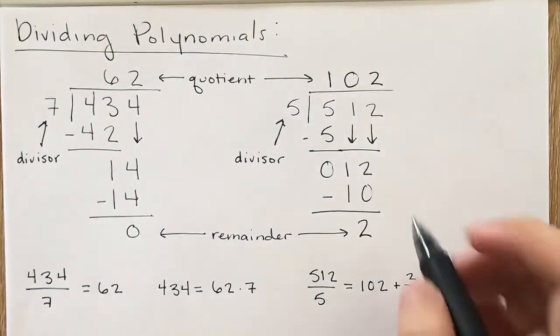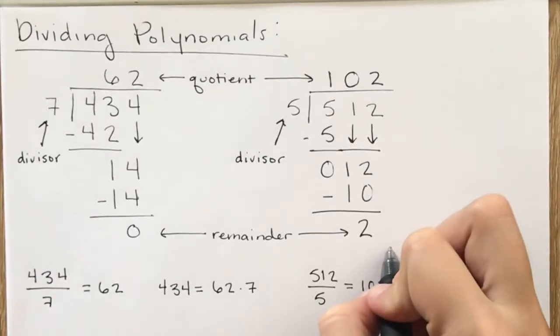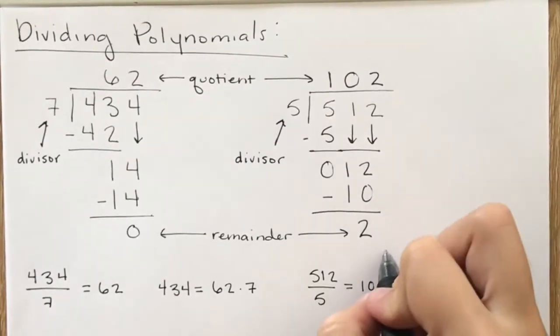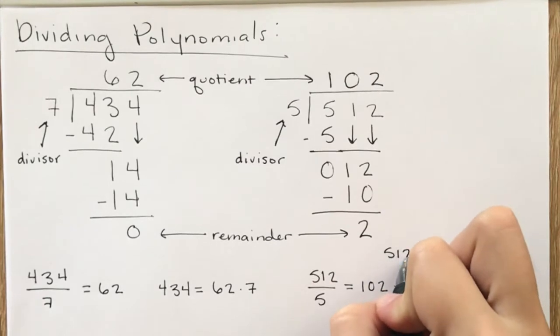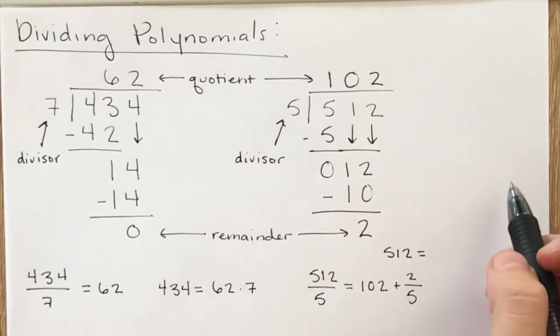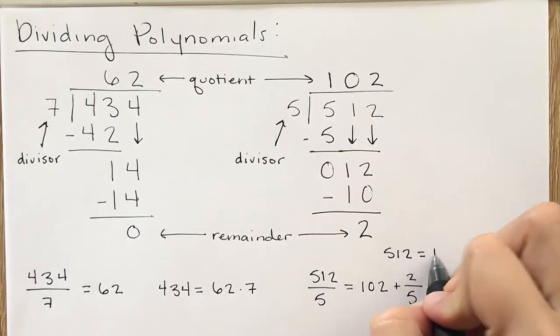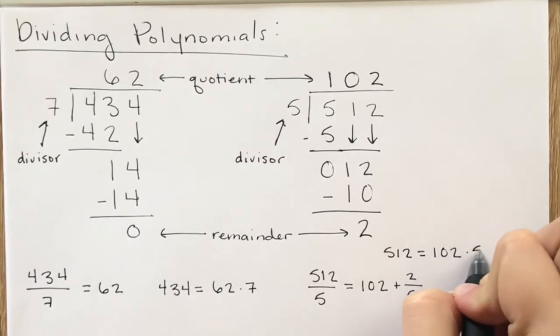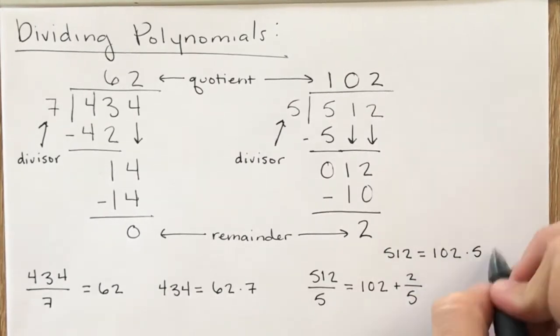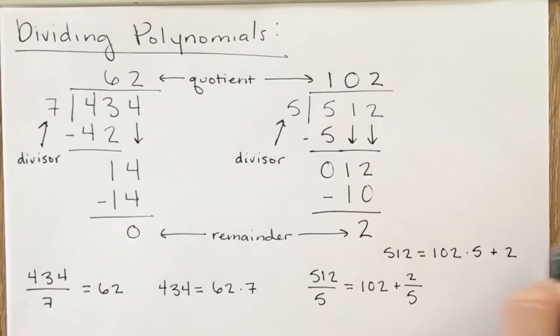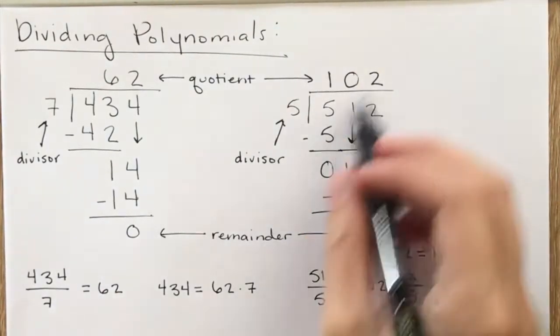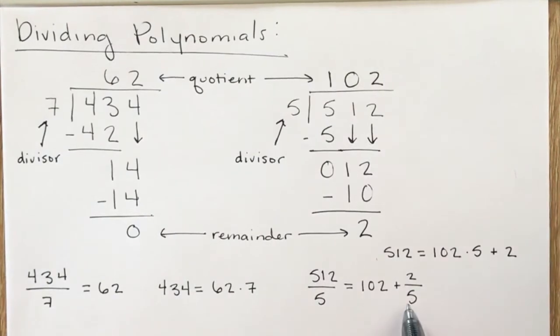Similarly, we can also say, I'm going to write it a little bit above because I'm running out of space here, we also know that 512 is equal to 102 times 5, but we had to add on the extra 2 to make it to 512. So these are all the same statement. These are all saying the same thing over here.